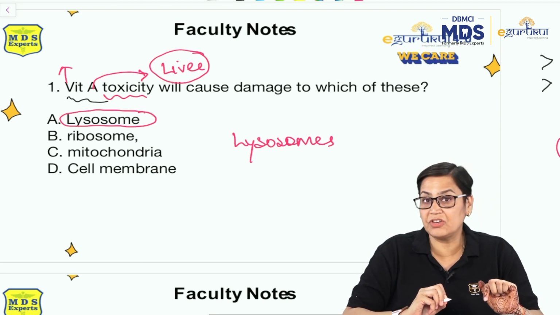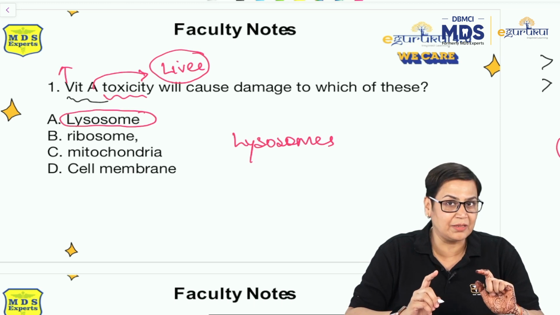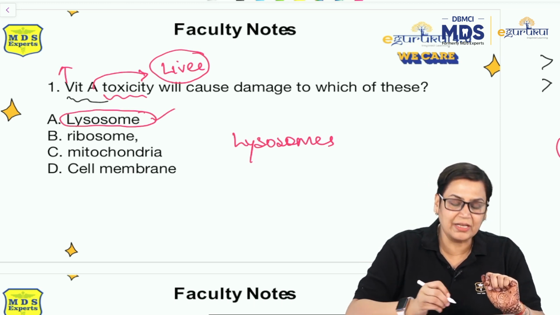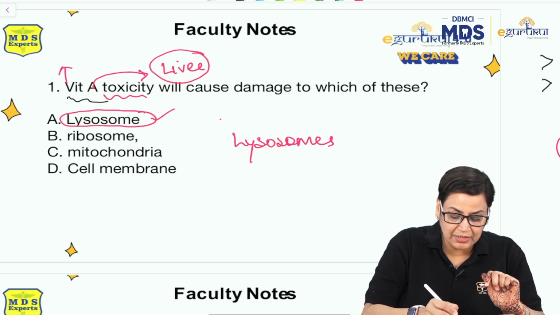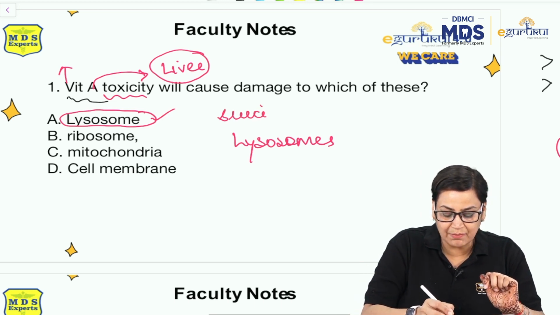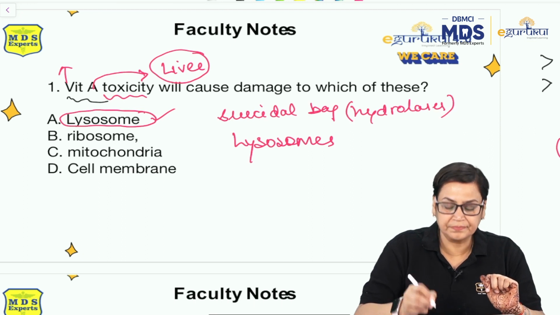But if the concentration of vitamin A increases, it will lead to hypervitaminosis, and the damaged organelle will be lysosomes, because we know that lysosomes are also known as the suicidal bags of the cell, because they consist of the enzyme hydrolases. Right?